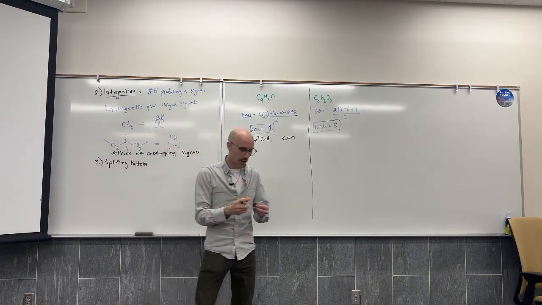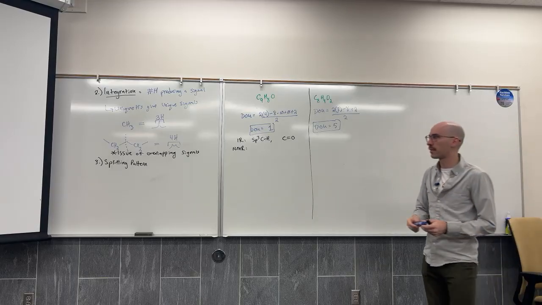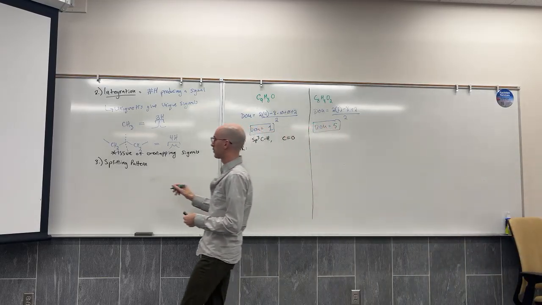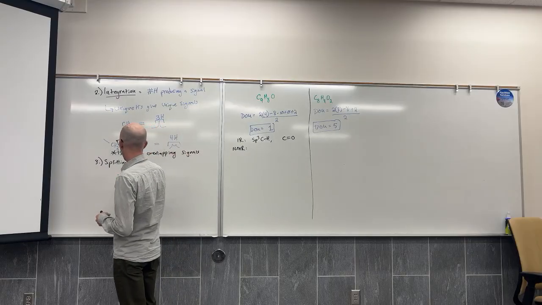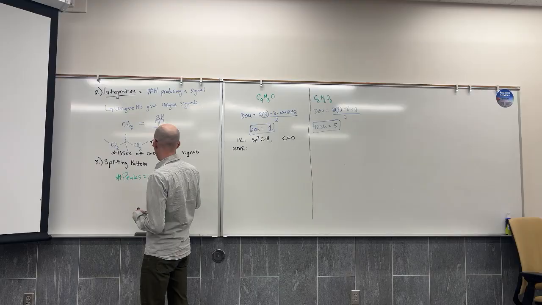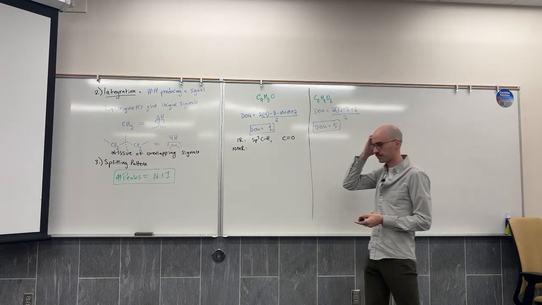The number of peaks that a signal presents with is equal to the number of neighboring hydrogens that those hydrogens have plus 1.